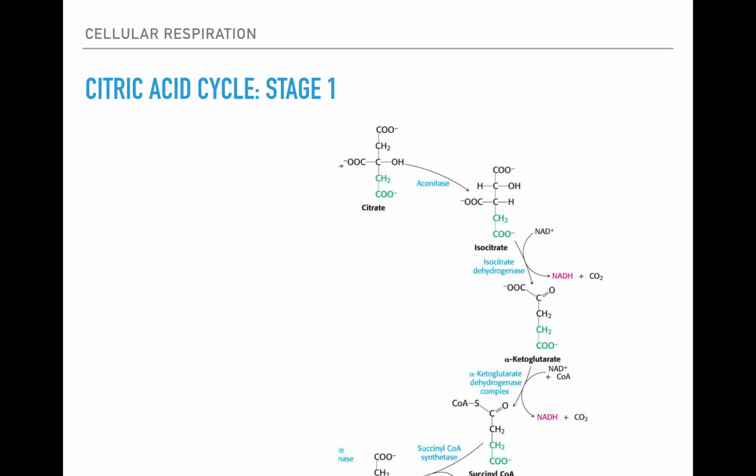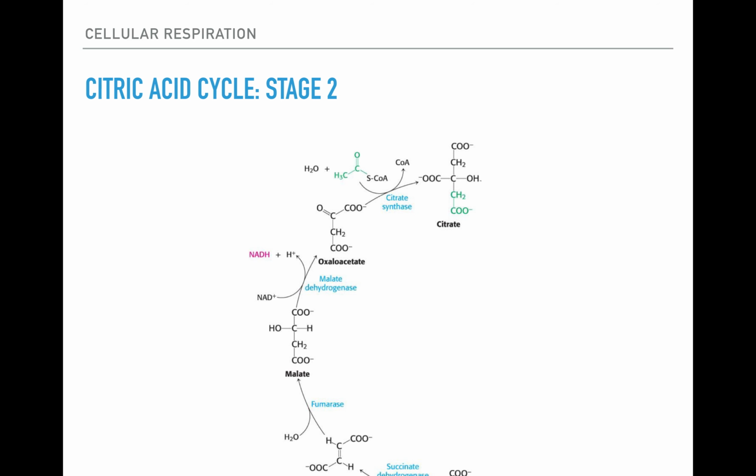Because 2-pyruvate are entering this cycle, 2 NADH are actually generated here. CO2 is then removed from alpha ketoglutarate to form succinyl CoA in a reaction catalyzed by the alpha ketoglutarate dehydrogenase complex, again generating 2 more NADH for a total of 4 NADH from stage 1 from both pyruvates entering the cycle.